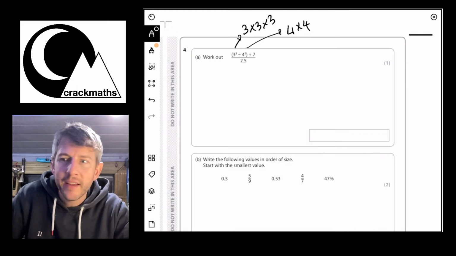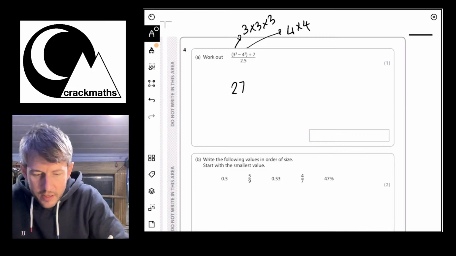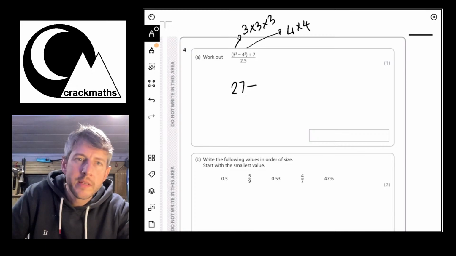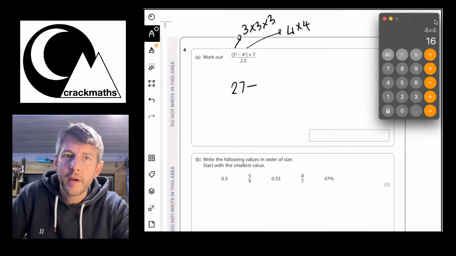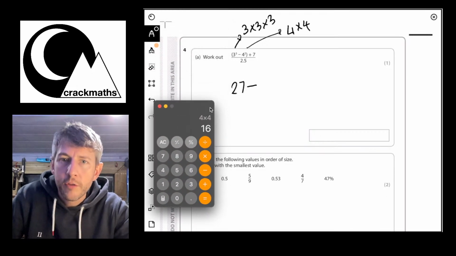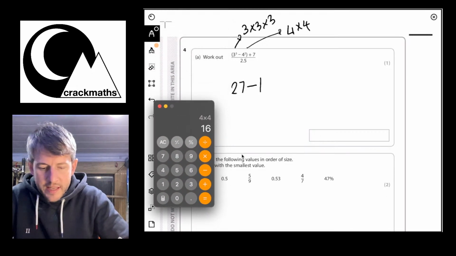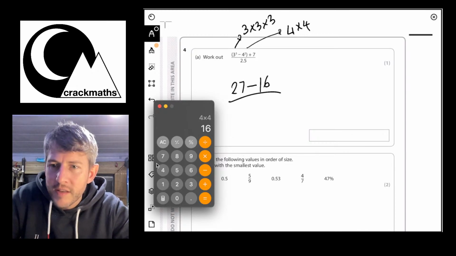So in the bracket we've got 3 times 3 times 3, so that bracket is going to give us 27. Take away the 4 times 4. I know that we know what 4 times 4 is, but I've got the calculator here, so I'm just being lazy. Oh, 1 second, I should show you what I'm up to. So 4 times 4, so 27 take away the 16. Okay, well, let's do that first.